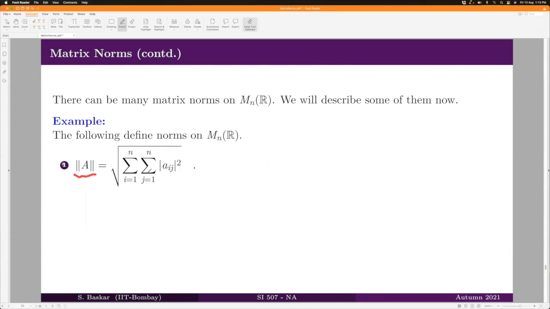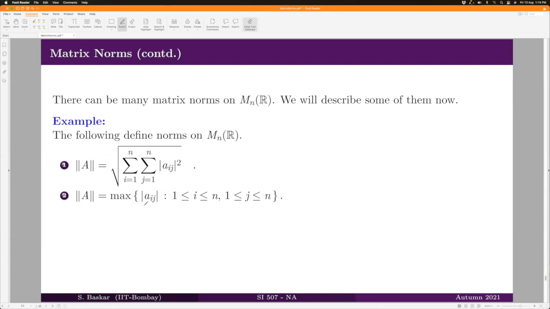Norm A is equal to this. It means you take each row, take the square of each column entry in the row, sum them up, and then sum all the rows. You can check that this formula satisfies all the properties listed as matrix norms. Therefore, this function defines a matrix norm.